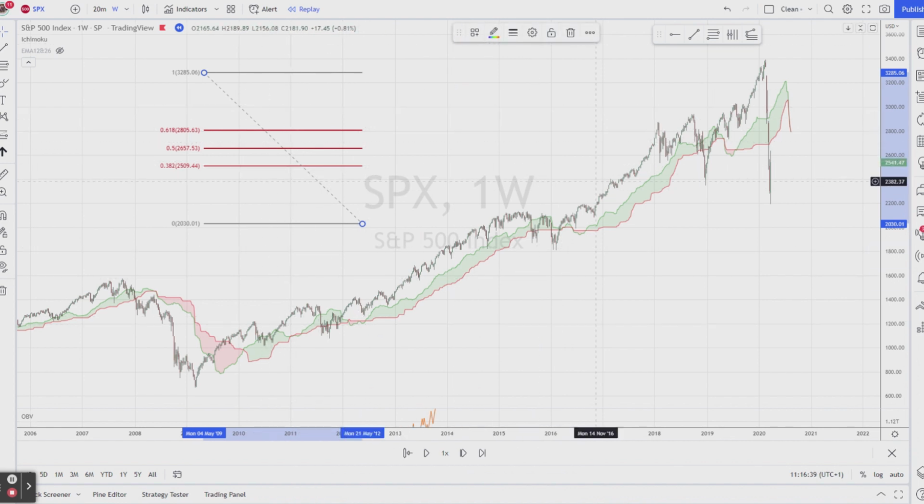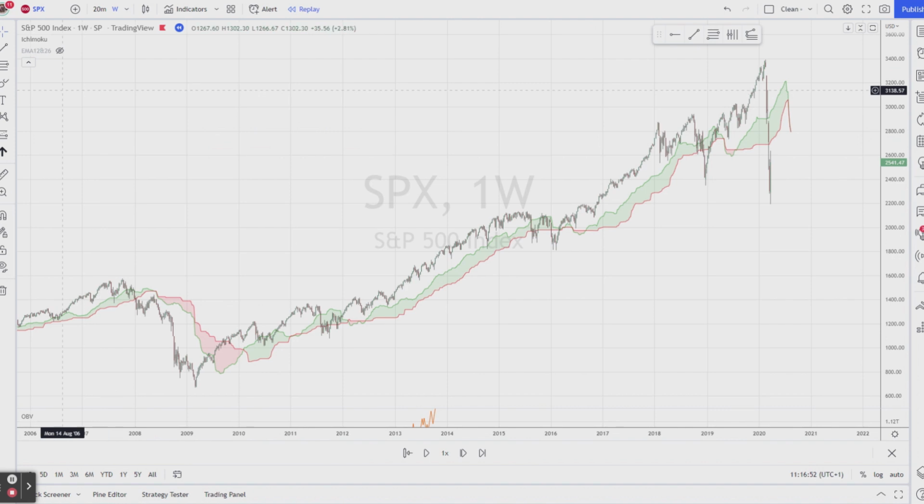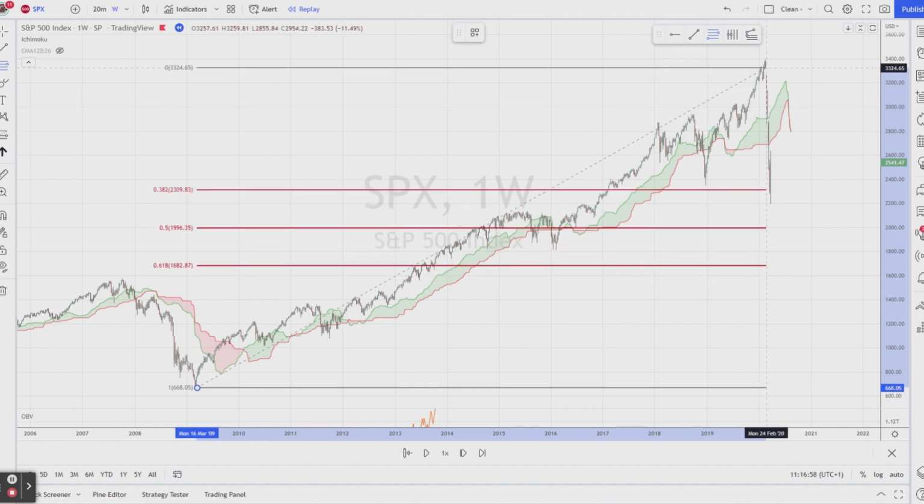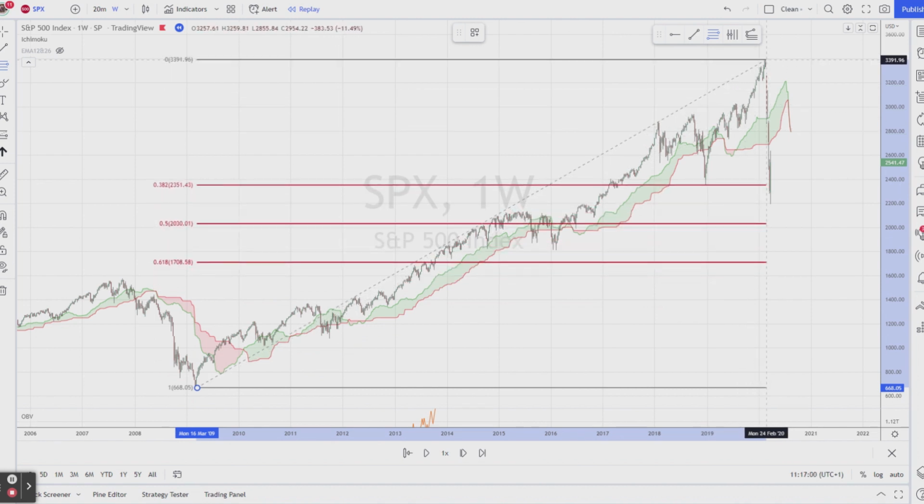So when I'm measuring an impulsive move for a retracement, I am looking for this retracement move to land somewhere between these three lines. So what are we going to do? Well, we're going to measure this impulsive move. It started there, and then it went all the way back, I'm sorry, for here, for 10 years.